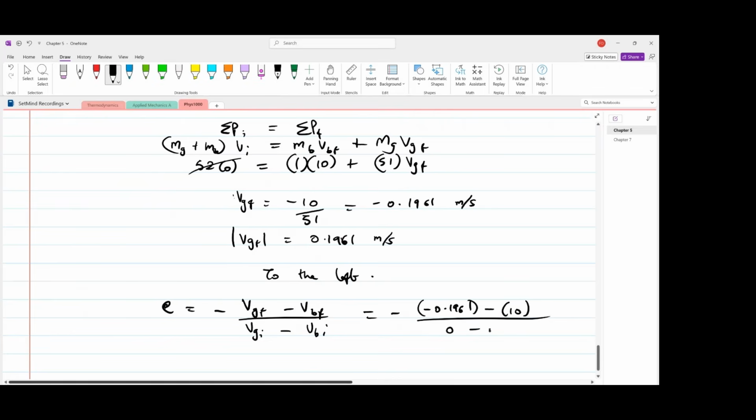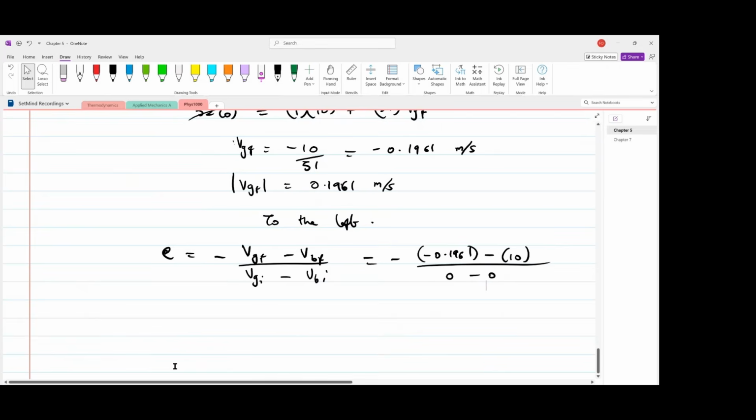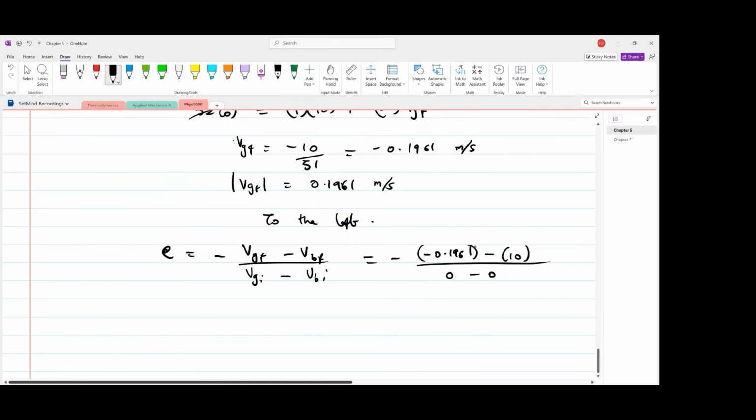So what do you think? I'm pretty sure you've done something like this in maths, where we find the limit as the denominator goes to 0, and the limit of E is going to be infinity. So what you actually see is that our coefficient of restitution is infinity simply because it starts from rest.